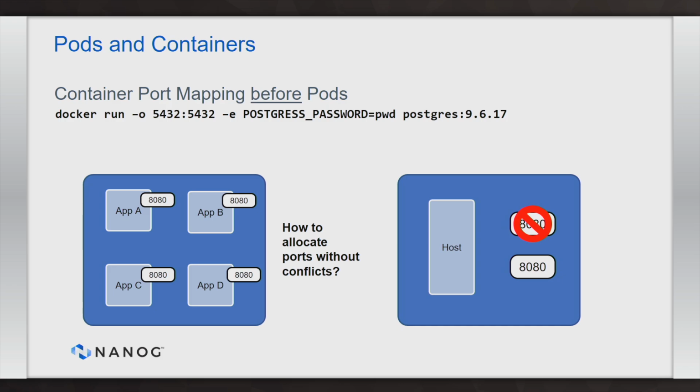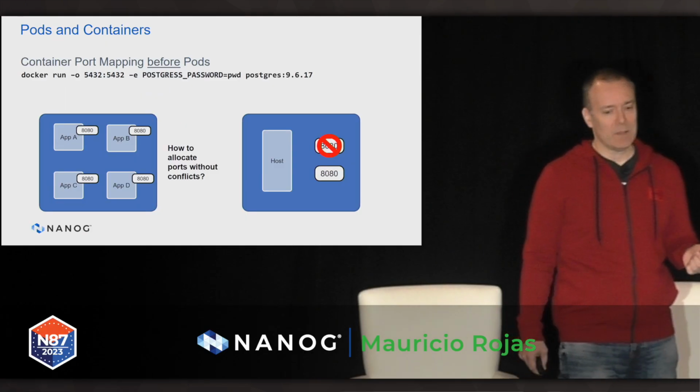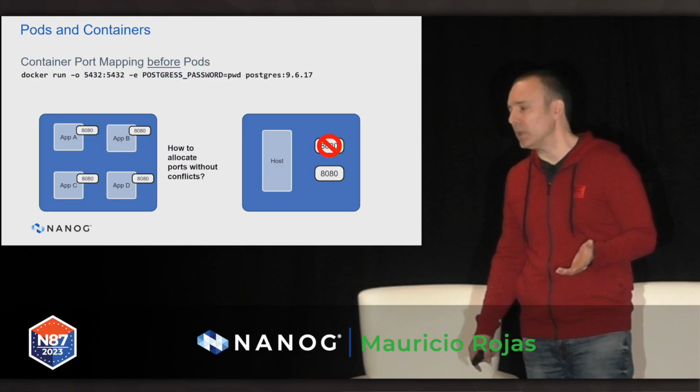For anyone that is familiar with Docker, when you create an application, let's say here is a PostgreSQL, you need to start mapping a port from the application to the host, to the physical interface, or the virtual interface if you're using a virtual server. If you have one application, it's not going to be a big deal.